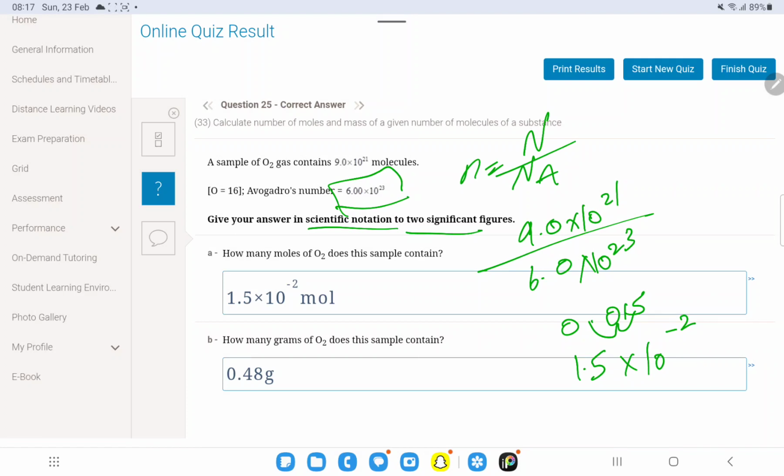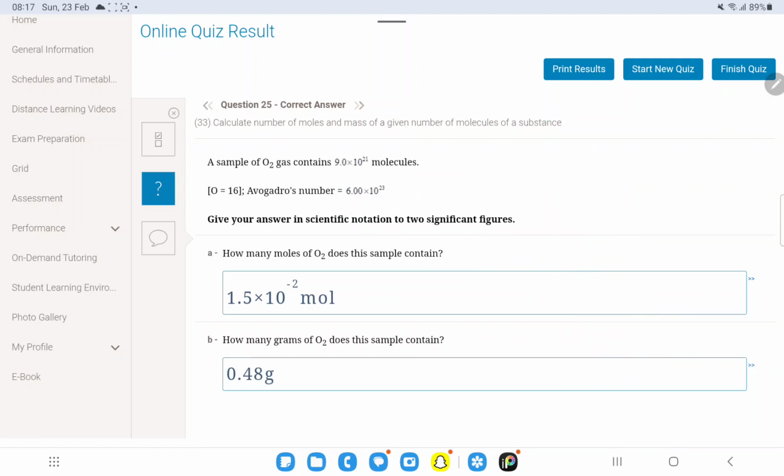And then how many grams? We got the moles. So grams mass equals moles times molar mass. O2, so molar mass is 32, and we got the number of moles 1.5 times 10 to the power of minus 2.